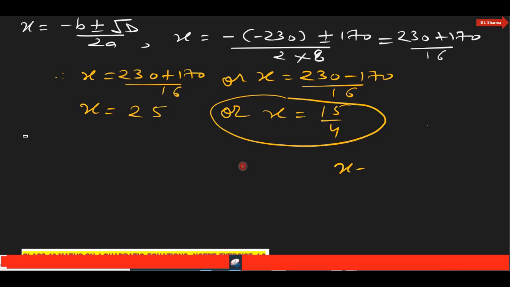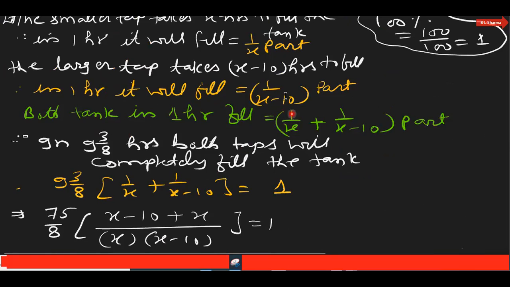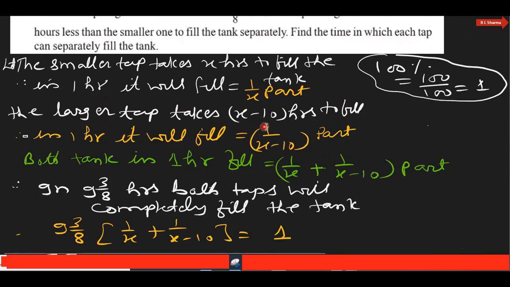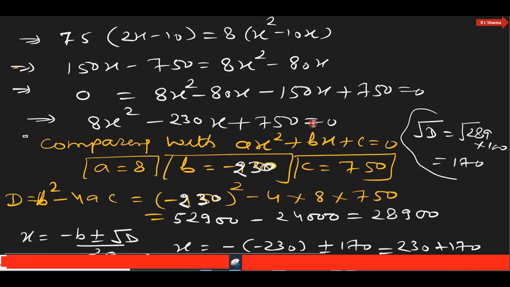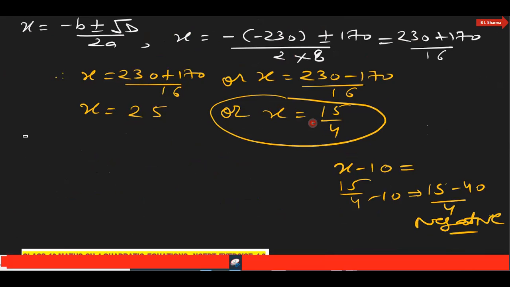Because x minus 10, देखिए यहां पे, the larger tap takes x minus 10 hours. तो मैं अगर इसमें से 15 बाई 4 माइनस 10 करूंगा तो दैट इज नेगेटिव. 15 minus 40 by 4, that is negative. And negative cannot be the number of hours to fill the tank.